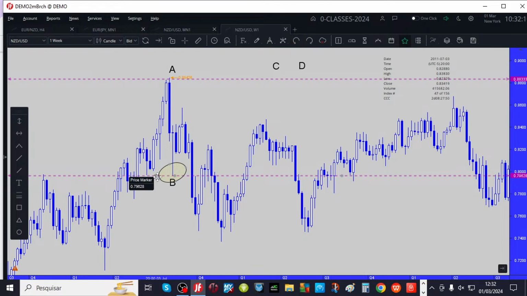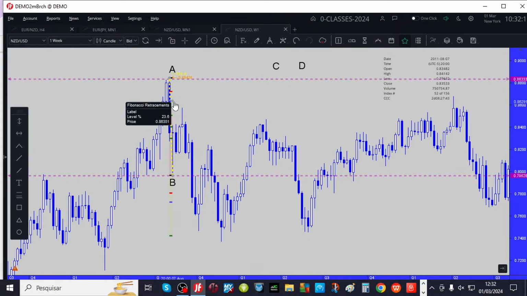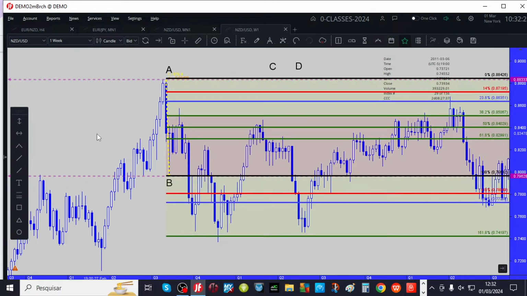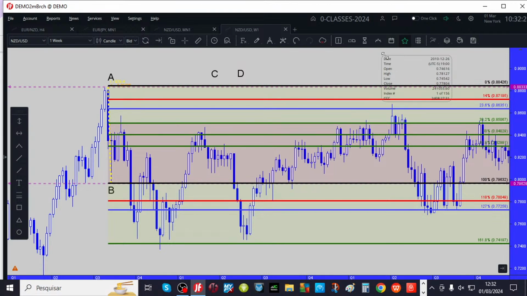Right, back to here, out the circle, Fibonacci retracement tool. Right, and a little bit more difficult to, I'm going to extend on the right. Okay, everybody? Now, everybody, I'm going to trick you right now, okay?